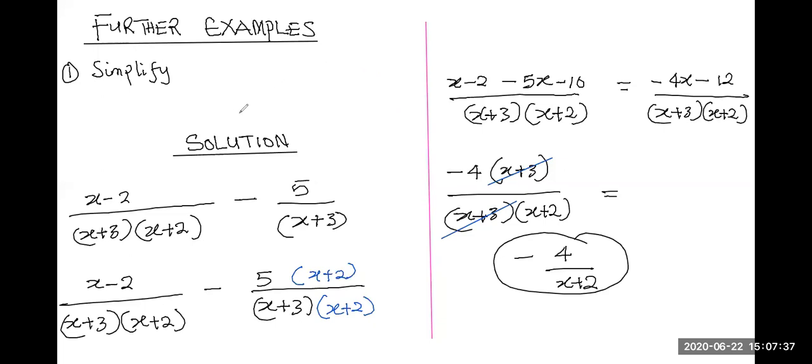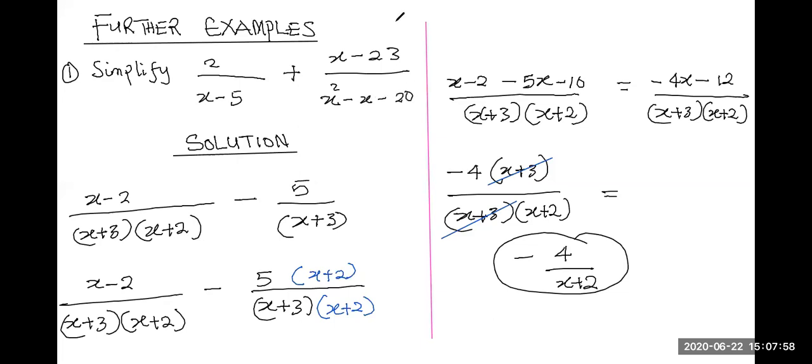So I take the next example, which is 2 divided by x minus 5, plus (x minus 23) divided by x squared minus x minus 20.